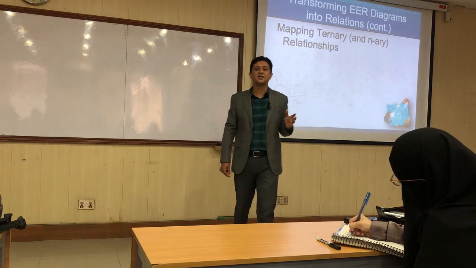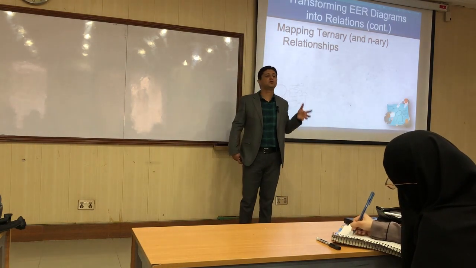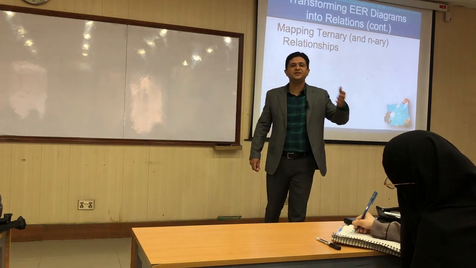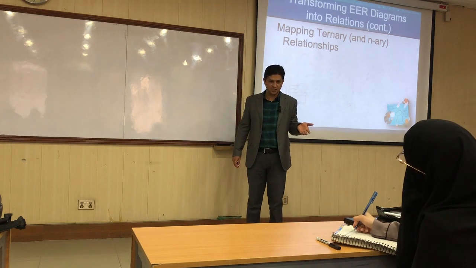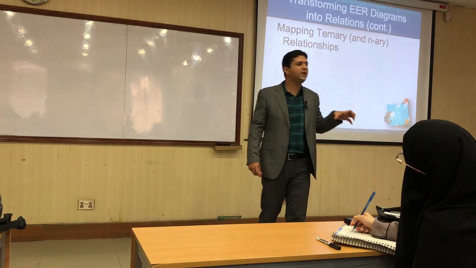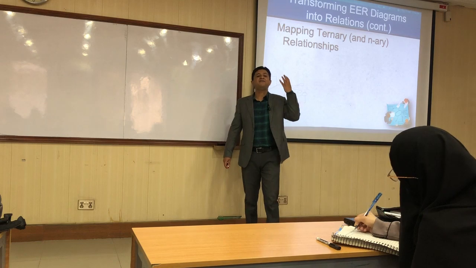So the first way is if we have already converted the relationship into an associative entity during conceptual modeling, then that associative entity would be converted into a new relation, and all of the participating entity types will also be converted into relations. So overall, we'll have 4 relations.